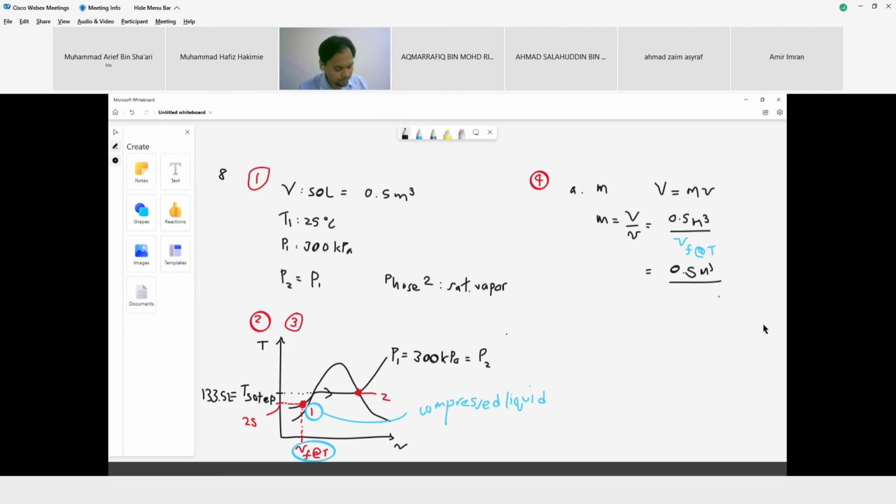The value of vf at 25 degrees C is 0.001003 meter cube per kilogram. Okay. So berapa jawapan ni? Tolong kira kan?